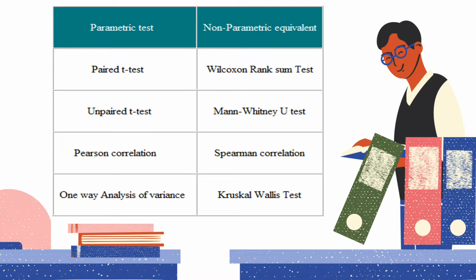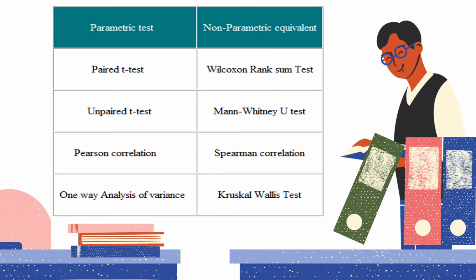So your paired t-test is applicable for parametric data sets, and if it is non-parametric, you will use the Wilcoxon rank sum test. Also, for non-parametric we have the Mann-Whitney U-test, and we have the unpaired t-test for the parametric side.